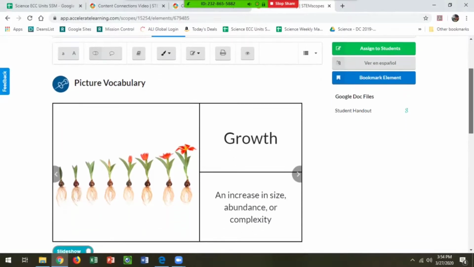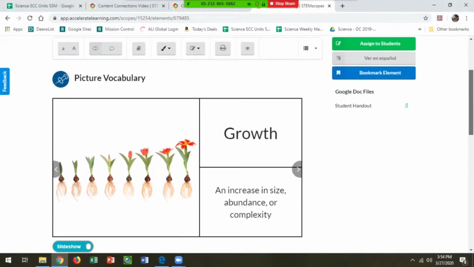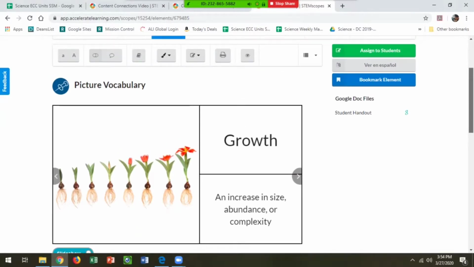If you said an increase in size, abundance, or complexity, then you are correct. So that means if it's increasing in size, it means growing bigger and bigger and bigger. If it increases in abundance, that means the quantity is getting bigger. And if it increases in complexity, that means the quality is growing.